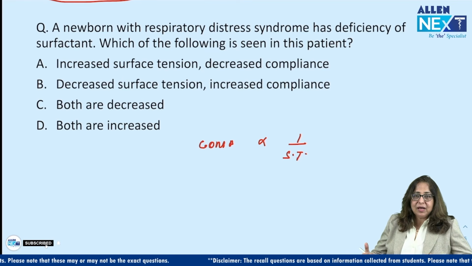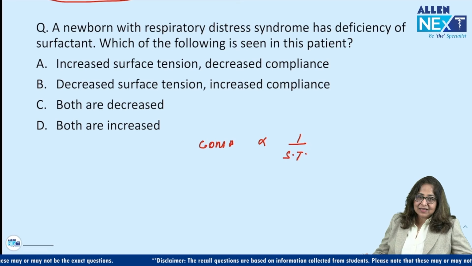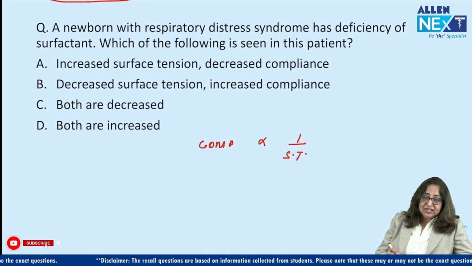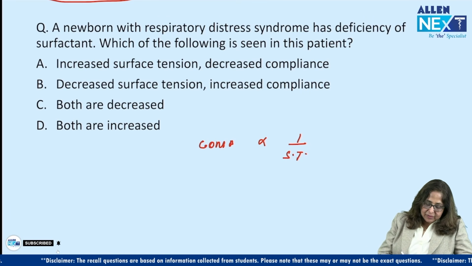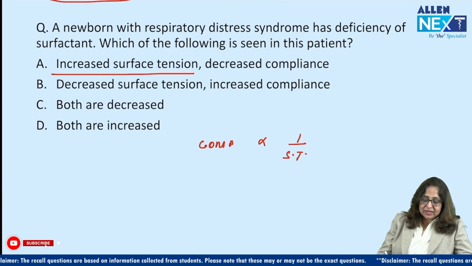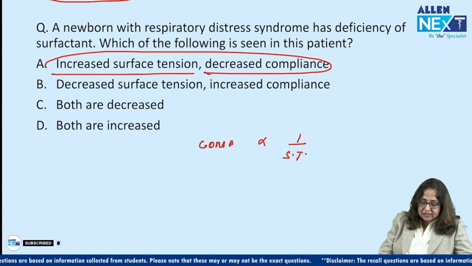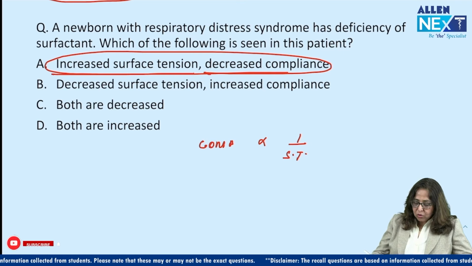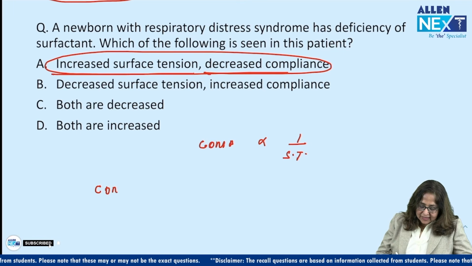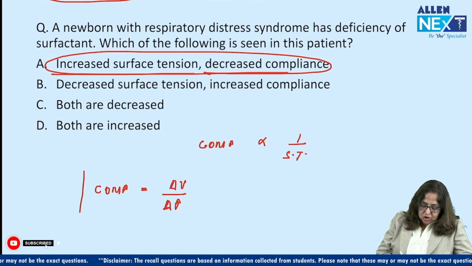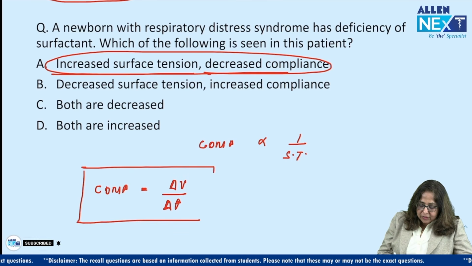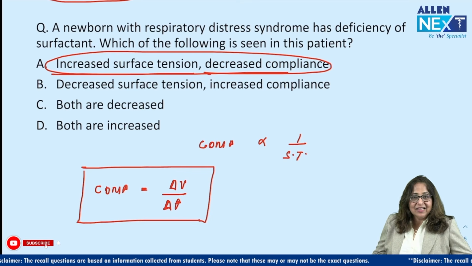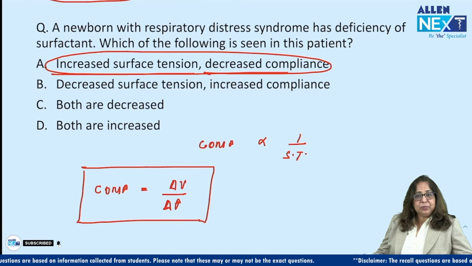The less the surface tension, the more the compliance. So if there is a deficiency of surfactant, there will be an increased surface tension and a decreased compliance. What is compliance? Compliance is nothing but delta V by delta P, the change in volume per unit change in the transpulmonary pressure.